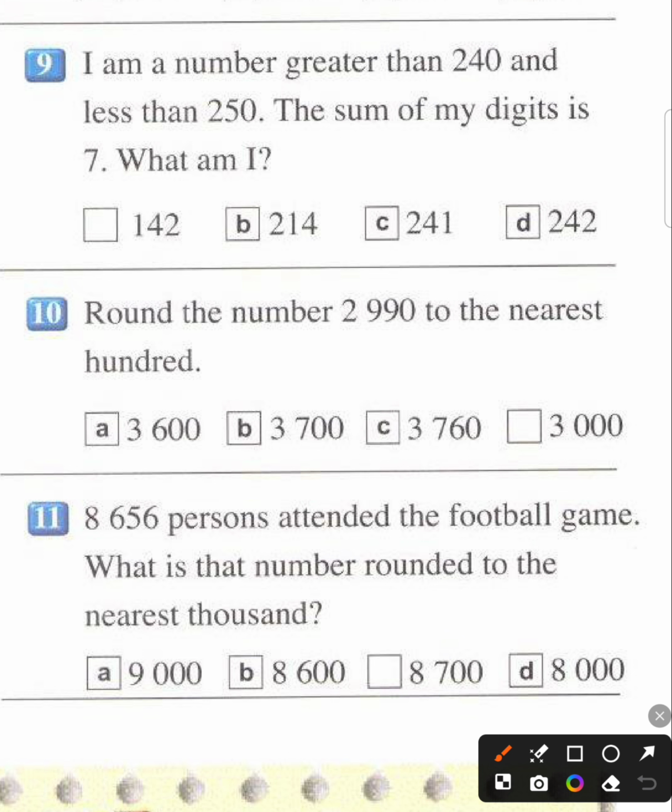At first, you can think it's a little bit complicated, not so clear, not so nice a question, but we'll try to make it together. I am a number greater than 240. It means here is one number, and this number is greater than 240, but less than 250.